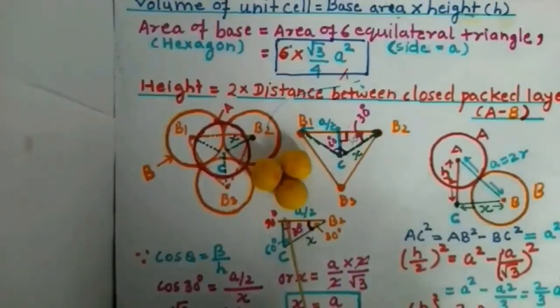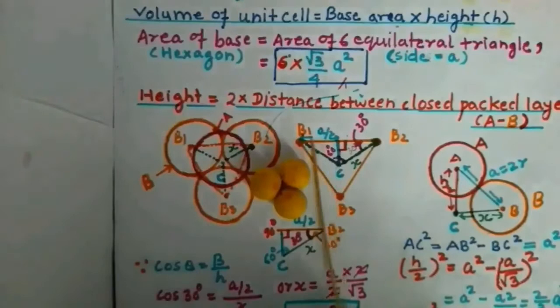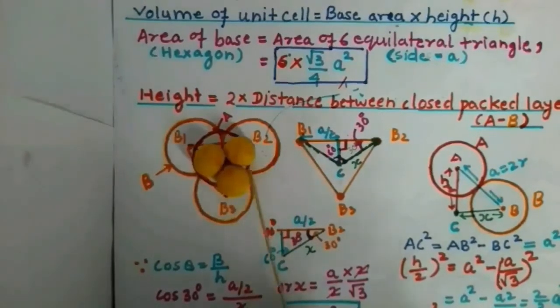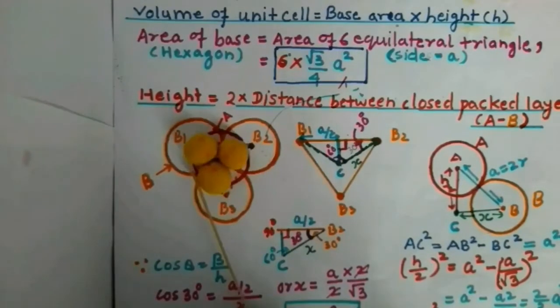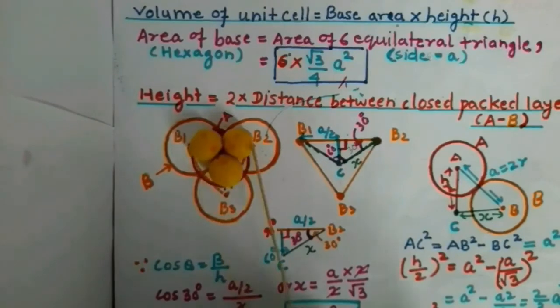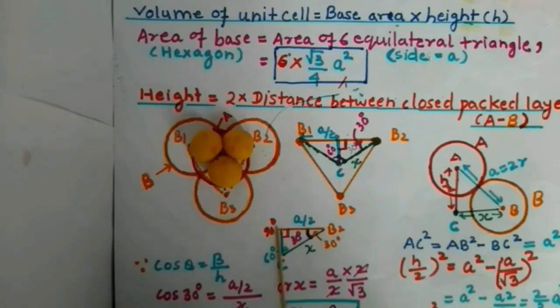So here let us see from the figure. In this triangle, C is the centroid, this one is B2, and this is half of A, this perpendicular. It is represented as half of A. So if we find out the value of cos theta, this x is the hypotenuse.